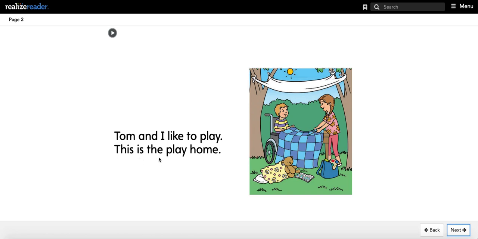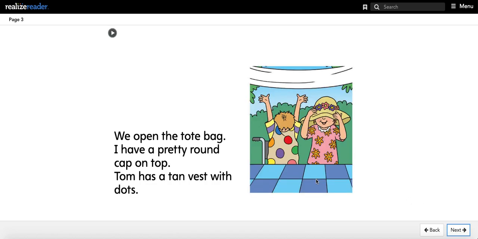This is the play home. We open the tote bag. I have a pretty round cap on top. Tom has a tan vest with dots.